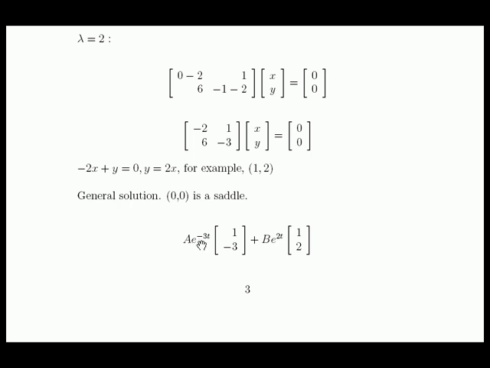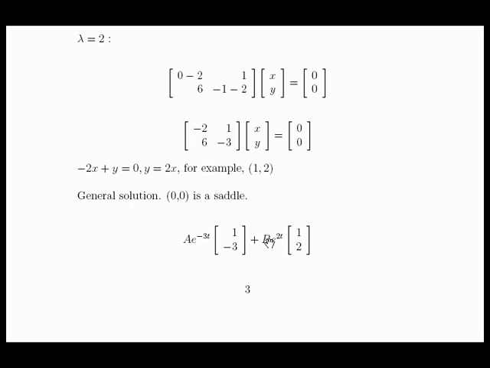So, skip the details here, but one of the eigenvalues is minus 3, and that's the corresponding eigenvector. Other eigenvalue is 2, that's the corresponding eigenvector. So A and B depend on the initial conditions, but you can see that this term is going to be going to 0, and this one's going to be going to infinity. So in general, it's called a saddle point because it's sort of half source, half sink, except it's a whole lot more source than it is sink.